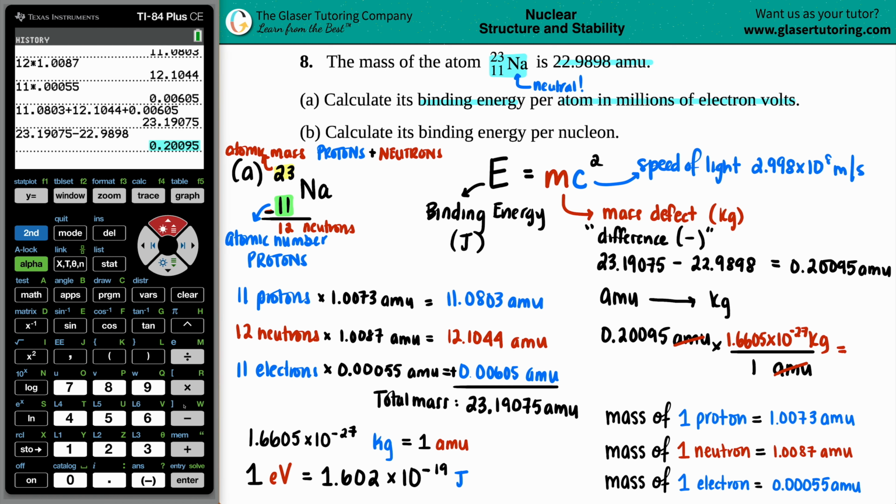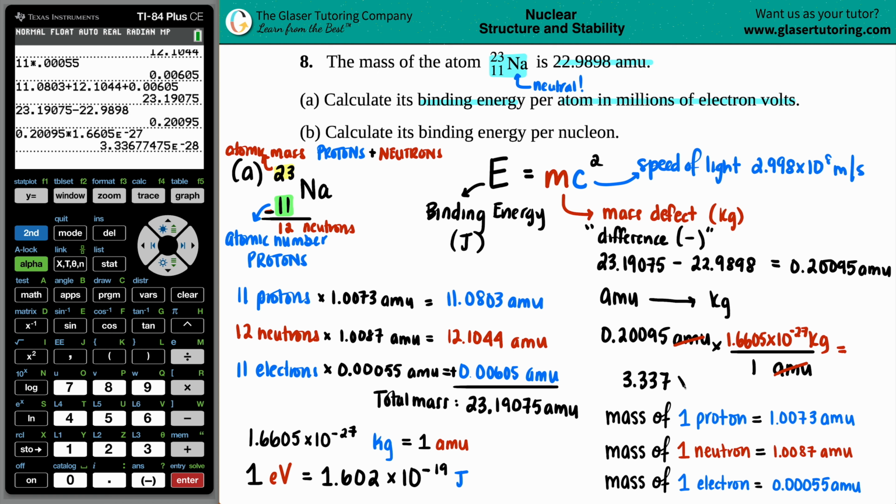So we're going to take that number times 1.6605 times 10 to the negative 27th. And that number looks good. Just making sure I didn't plug in anything incorrectly. So now we have 3.337 times 10 to the negative 28th, and that's in kilograms. And that's going to be the number here: 3.337 times 10 to the negative 28 kilograms.